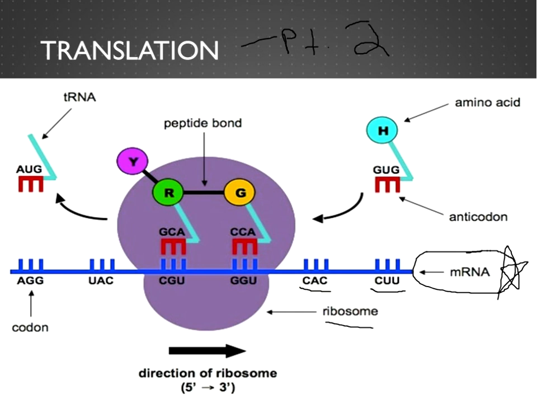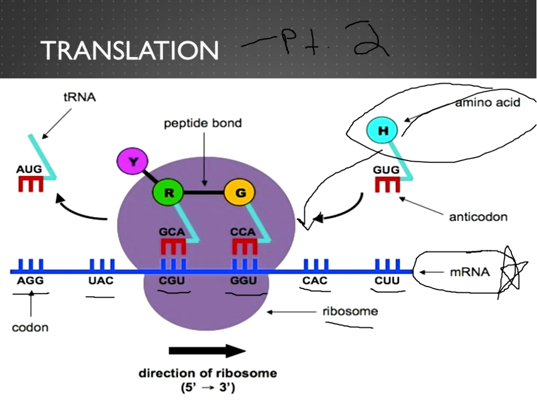C-U-U, C-A-C, G-G-U, C-G-U, U-A-C, A-G-G, and every time those 3 letters are read, an amino acid is placed that matches up perfectly. Here's another amino acid, perfect match. Here's another amino acid, perfect match.